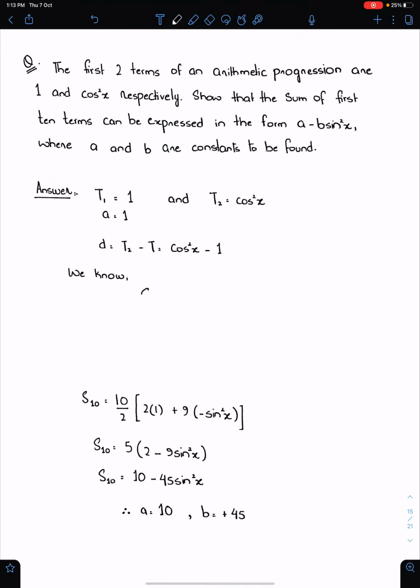You know, sine square x is 1 minus cos square x. So negative sine square x is equal to negative 1 plus cos square x. Let me correct it. This is cos square x minus 1.